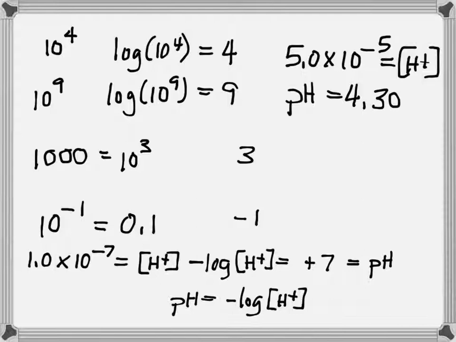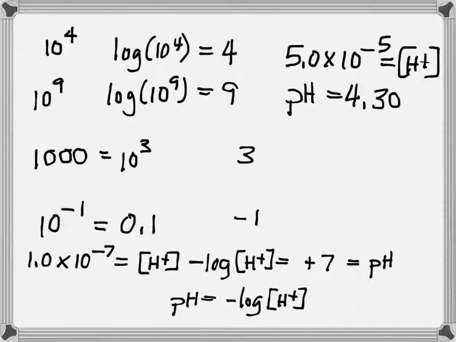And so what pH does is it takes this huge range from 1 to 10 to the minus 14. Good luck graphing that, right? 14 orders of magnitude. It's a huge range of concentrations, and it condenses it into 0 to 14 so that you can graph it.